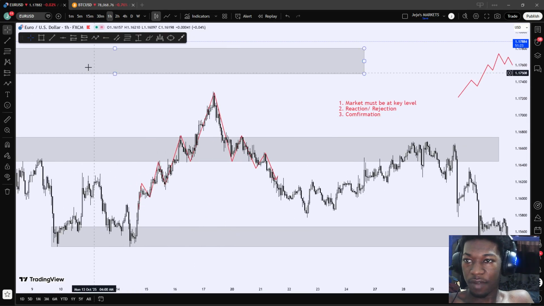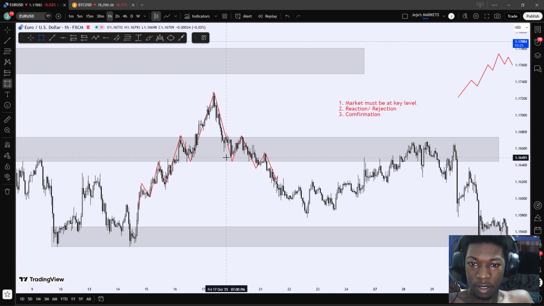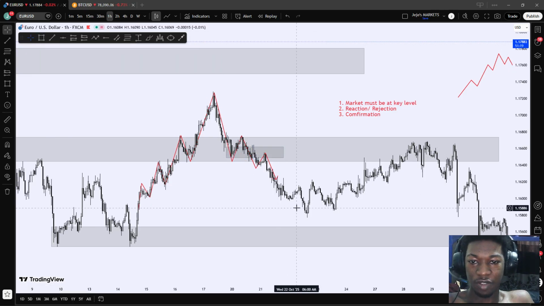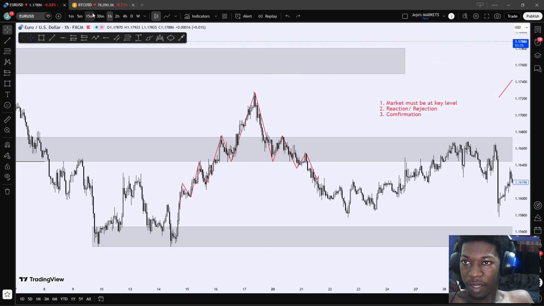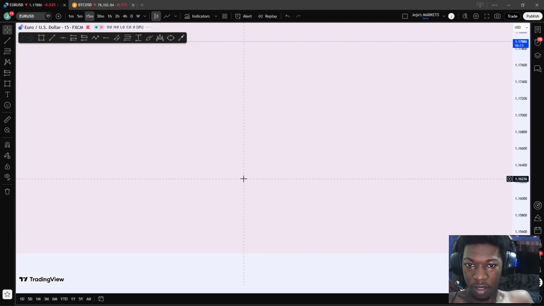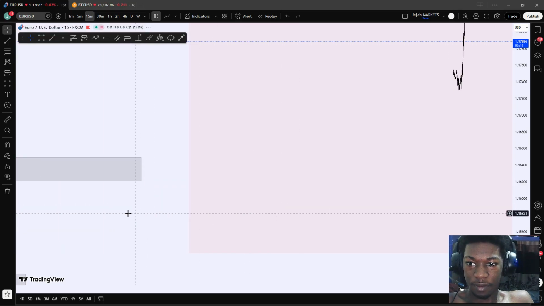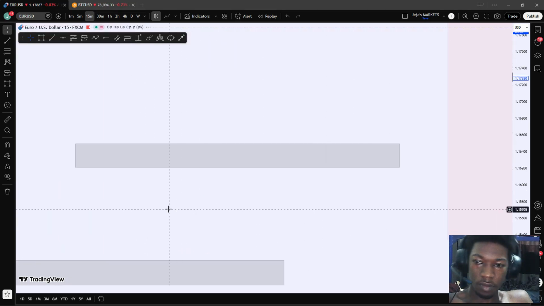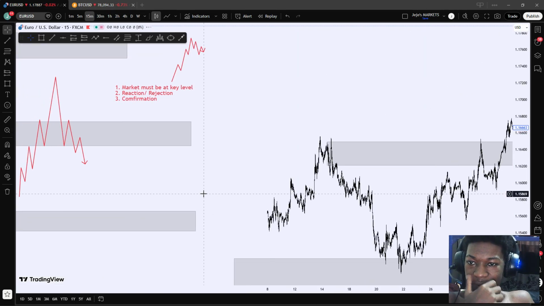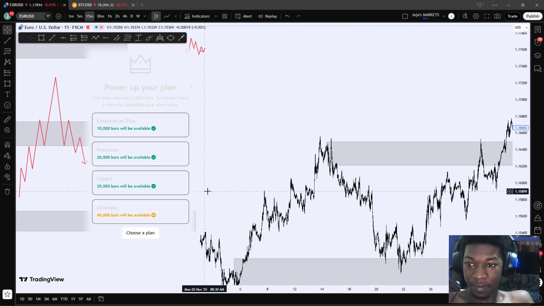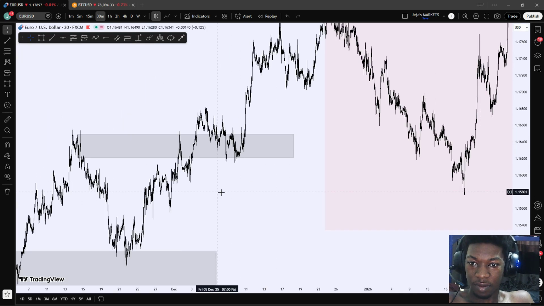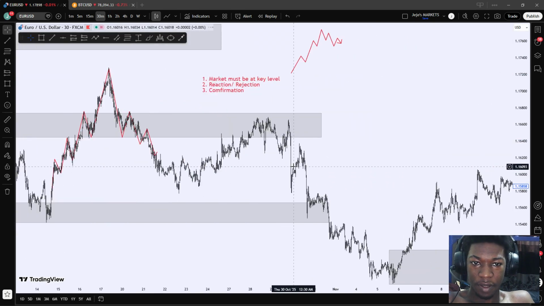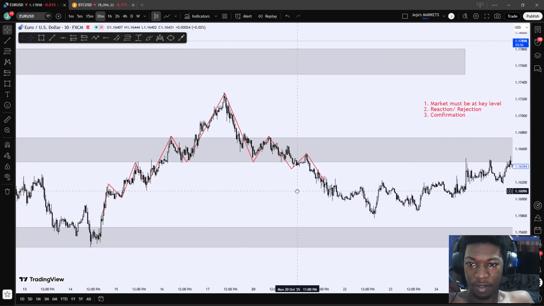You see this level right here. This level right here, that's where the smart ones enter. So if we go on a lower time frame, let's say 15, and you come back to that same exact level, alright, let's go to 30 minutes instead.